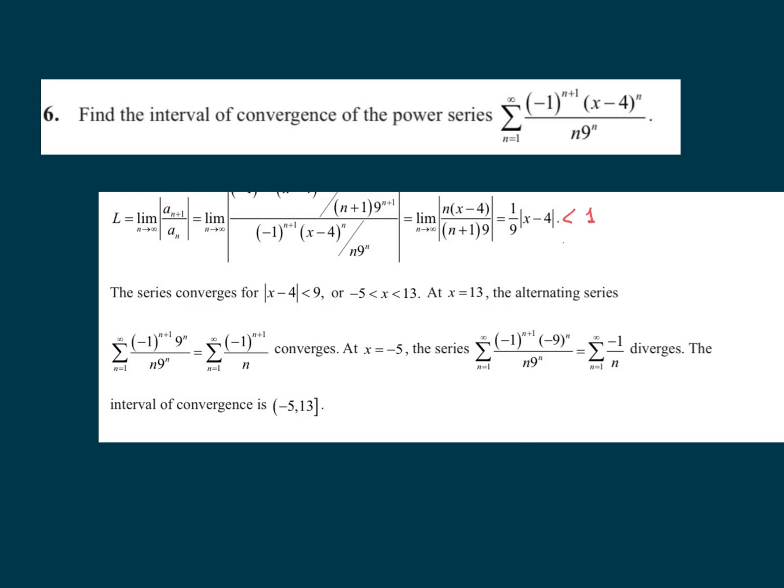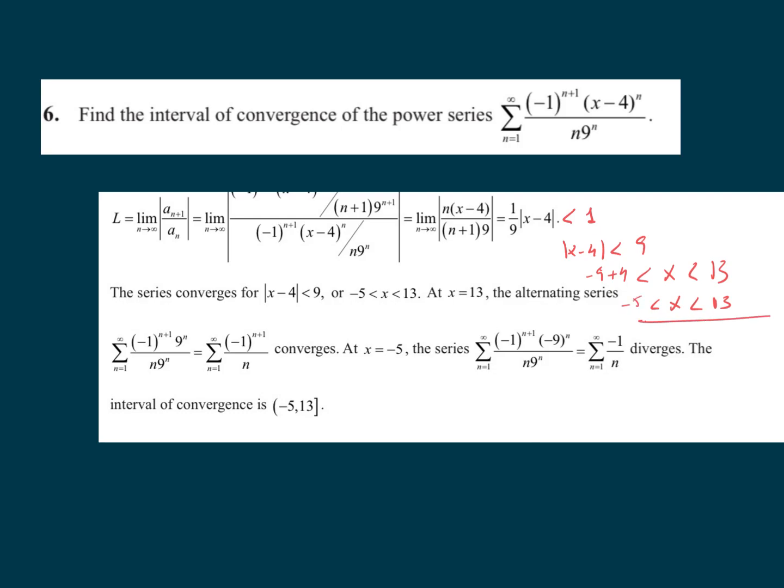Or in other words, x minus 4 has to be less than 9. Or in other words, x has to be smaller than 9 plus 4, which is 13, and bigger than minus 9 plus 4, which is minus 5. So x should be between minus 5 and 13.